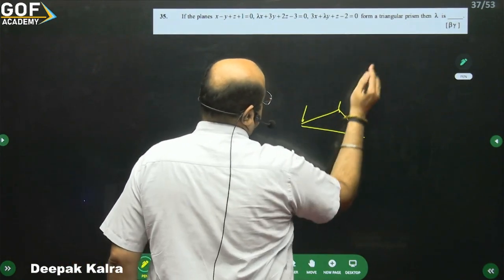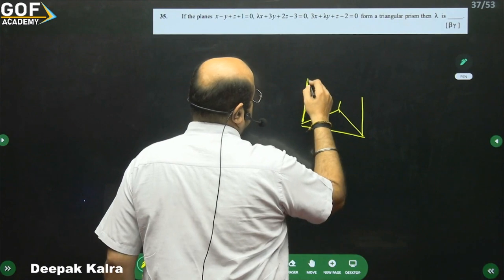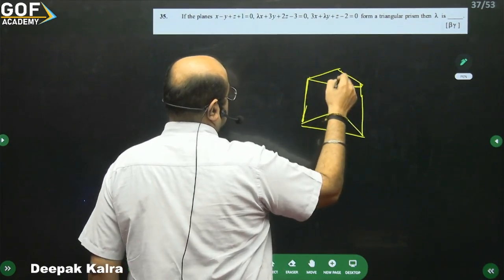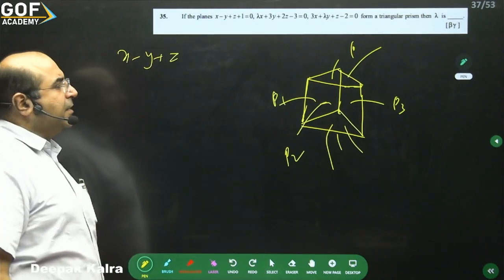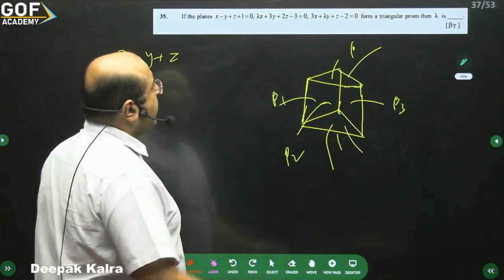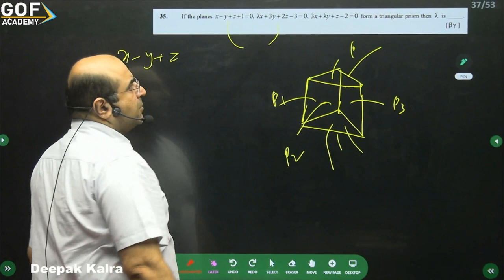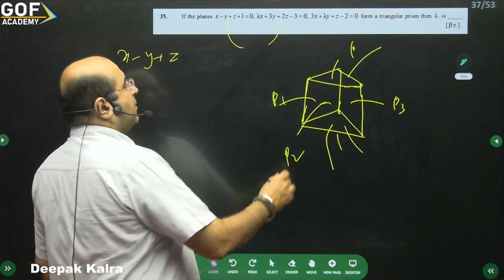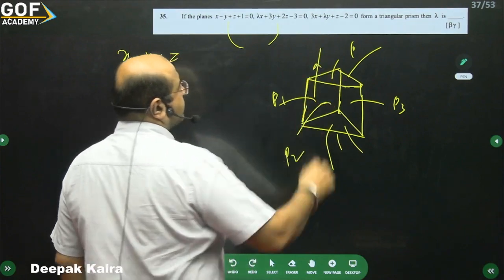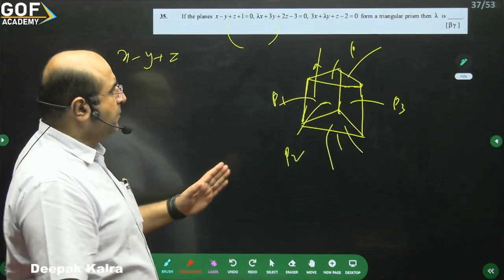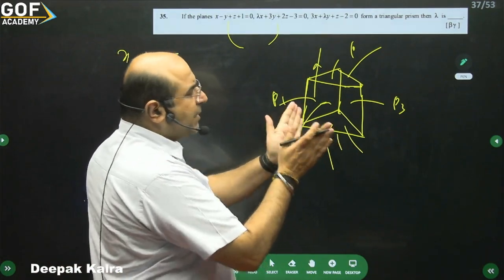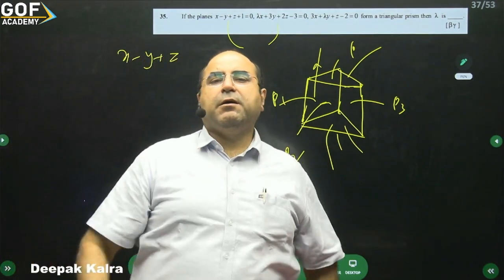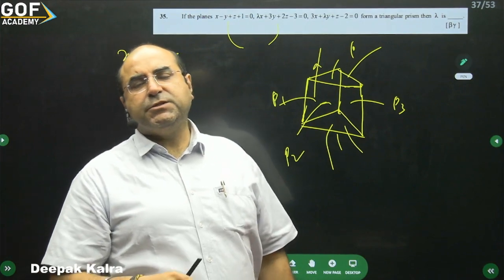Can we do it like this? Take these two planes, take their direction ratios of normal, do the cross product, and get this vector which is normal to both. You understand now? Two planes, their normal cross product generates a vector parallel to the line of intersection.